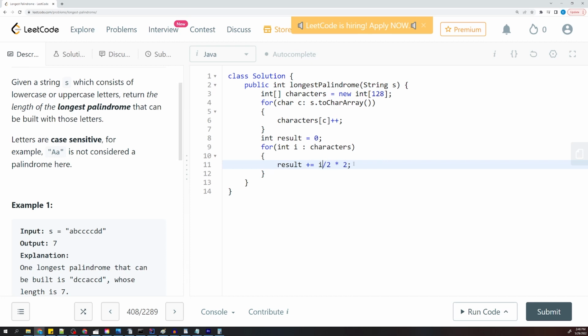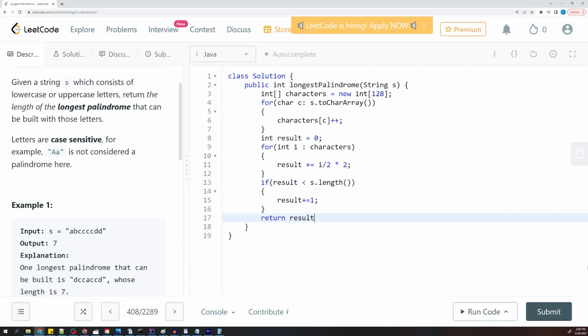And so here, this gives us all the pairs. Now, there may be more characters than there are pairs, and so we're just going to say if result is less than s.length, result plus equals 1. And then here we're going to return the result.